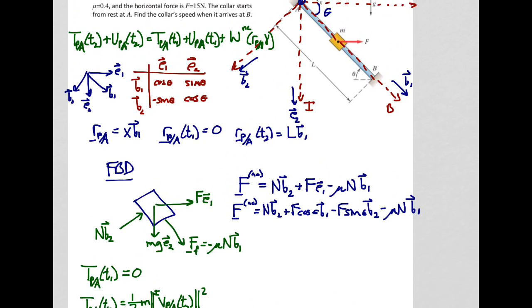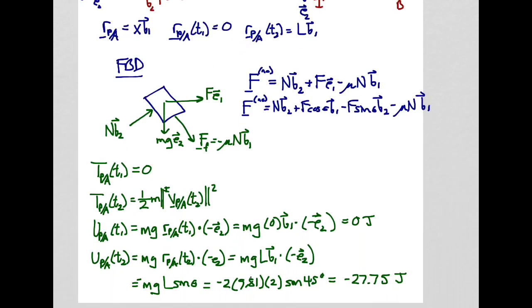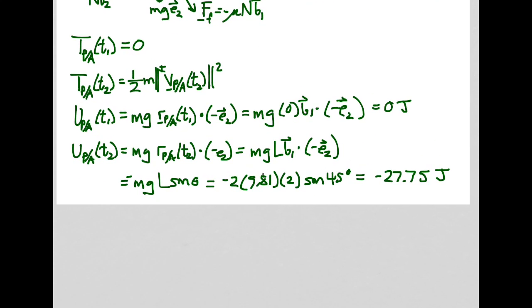So we only have one term left. We've taken care of our kinetic energy at time 2, potential energy at time 2, kinetic energy at time 1, and the potential energy at time 1. We only have left to calculate the work due to non-conservative forces along this path. So the work due to non-conservative forces on point P, P with respect to A, along that path that P is taking, so down that rod, is equal to the integral of all the non-conservative forces, dotted with dr P with respect to A, as observed in the inertial reference frame.